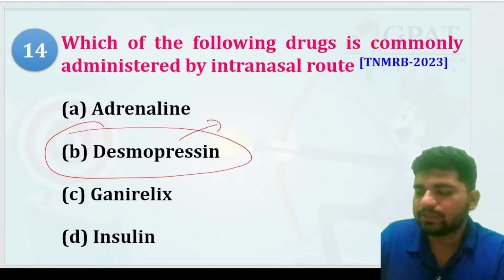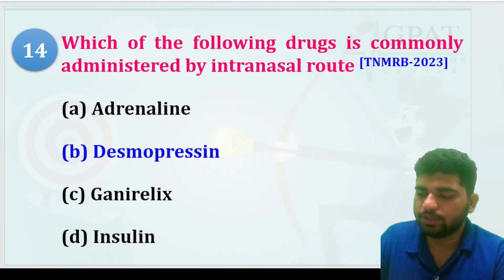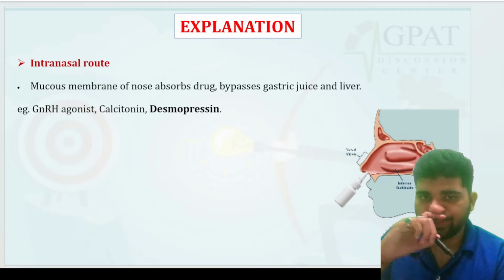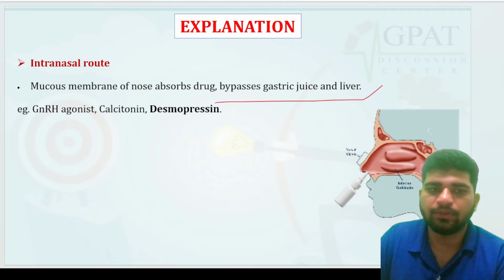Okay, desmopressin. The mucous membrane of the nose absorbs the drug, bypassing gastric juices and liver. Examples: GnRH agonist, calcitonin, and desmopressin.